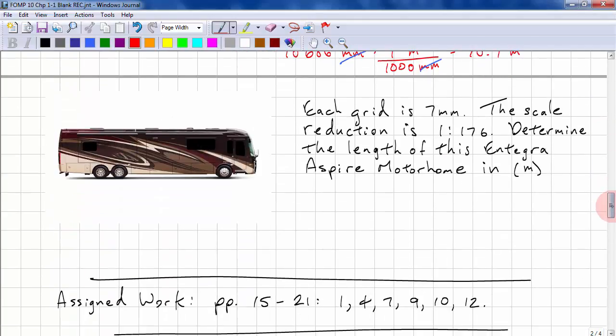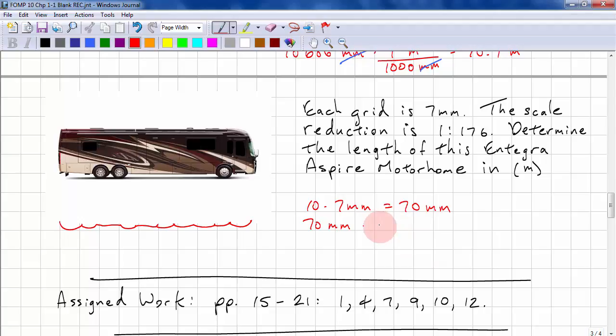Let's look at another example. Each grid is 7 millimeters again. The scale reduction is 1 to 176. Determine the length of this Integra Aspire motorhome in meters. So we count the grid units. 1, 2, 3, 4, 5, 6, 7, 8, 9, 10. That's an easy unit. 10 times 7 millimeters is 70 millimeters.